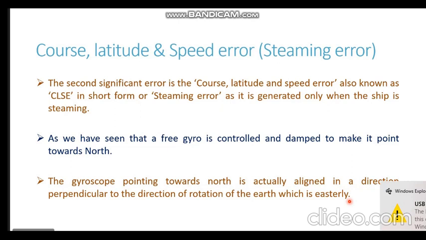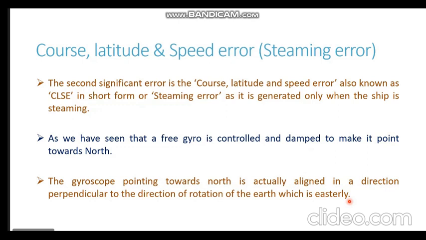You can view it from a different perspective. Actually, the spin axis of the gyro is pointing in a direction which is perpendicular to the direction of rotation of the earth, which happens to be the northerly direction. You can easily understand it from the basic concept of the gyro compass. You see, the gyroscopic inertia was responsible for making the free gyro move in circular motion following the motion of a star. Now, if you go to the basis of it, why does the star appear to move in a circular motion?